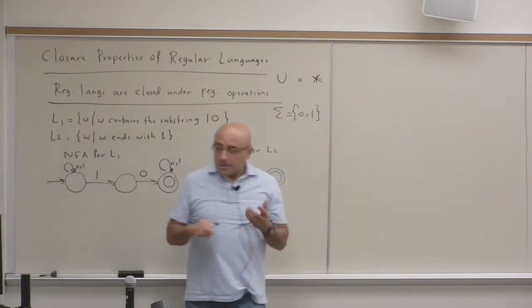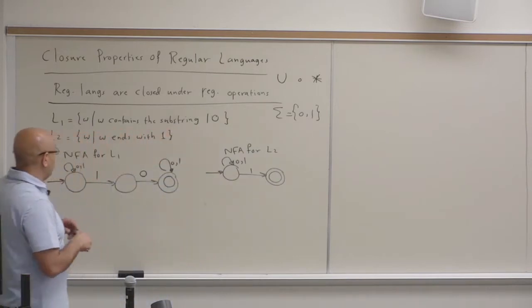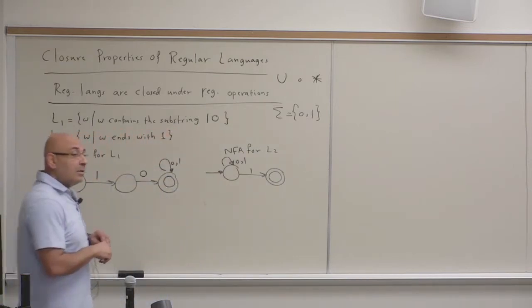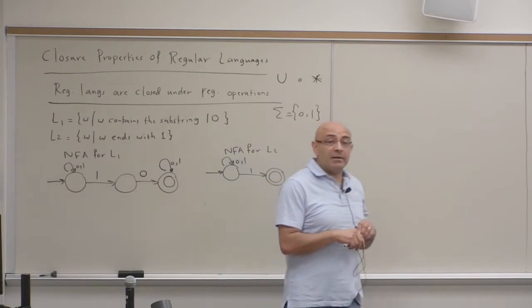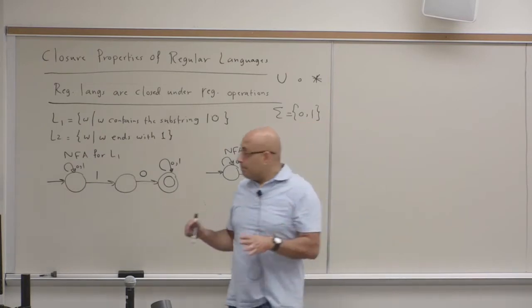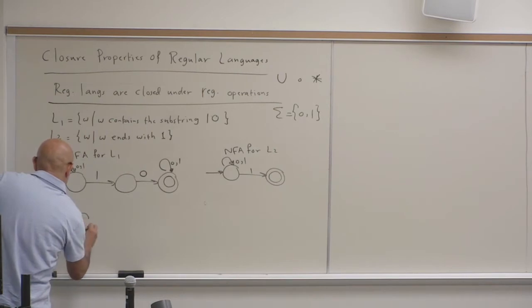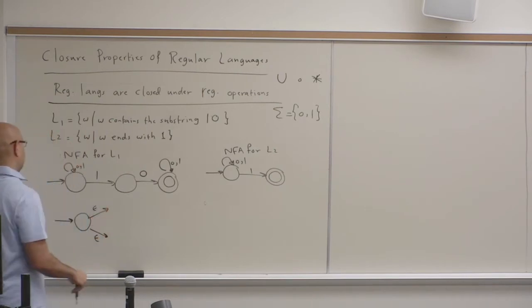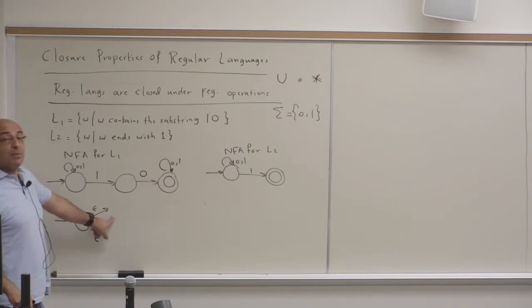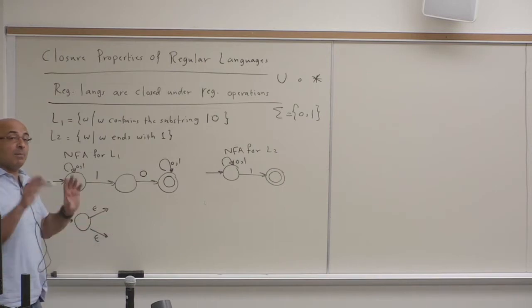Okay. So now how do we construct an NFA for the union? The NFA for the union can be constructed in a straightforward manner by branching using epsilon transition. So you have an epsilon, then you put the NFA for the first language and then the NFA for the other language, because you have two options.